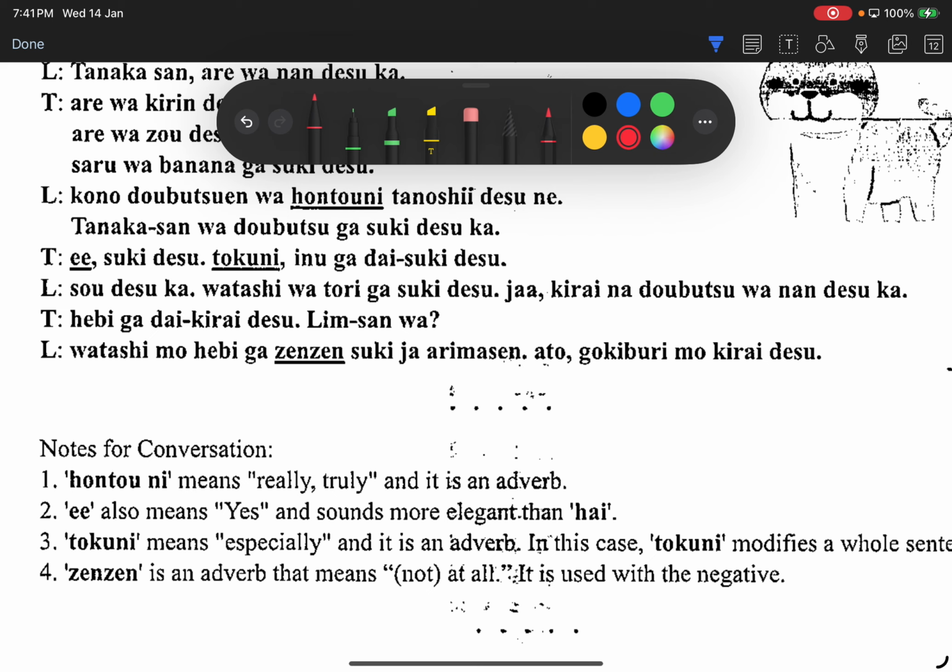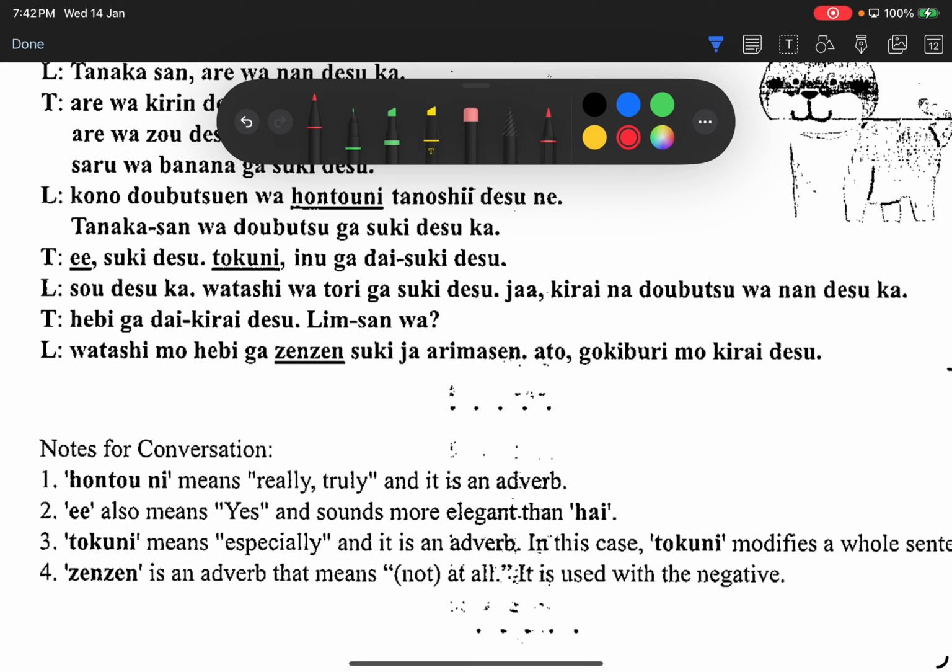Next, the last line. Ato, gokiburi mo kirai desu. Gokiburi means cockroach. So cockroach also hate desu. Instead of saying gokiburi ga kirai desu, because mo has more priority, we say gokiburi mo kirai desu. Then the word ato.